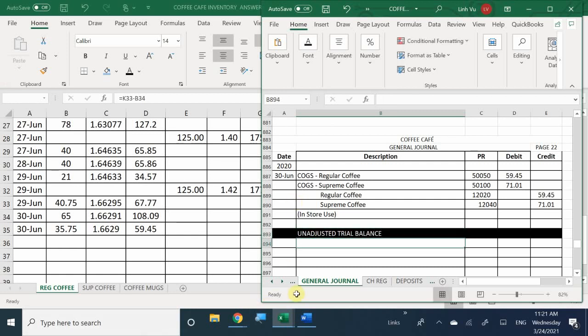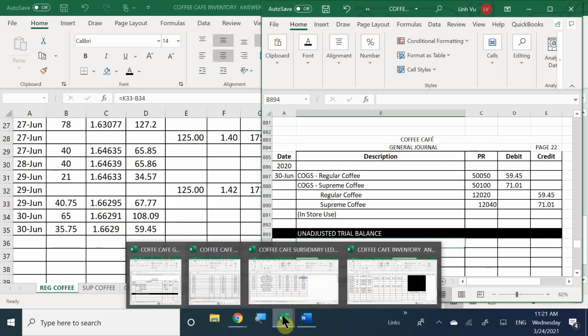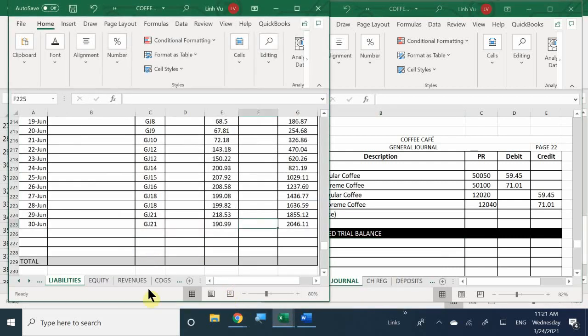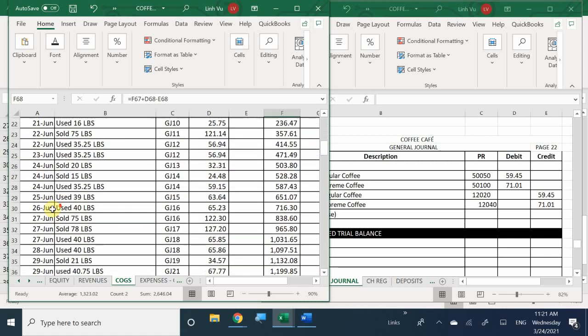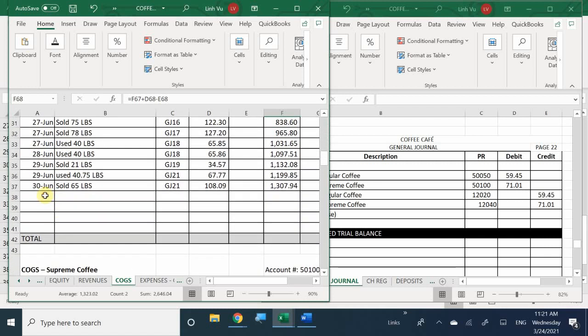Now that I have these numbers in here, let's fill out our ledger. Cost of goods sold. Here under regular coffee, $6.30.